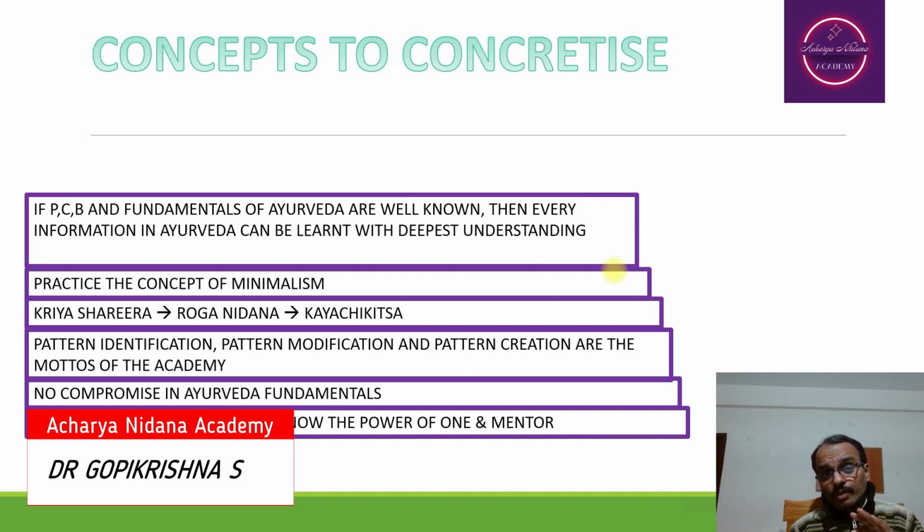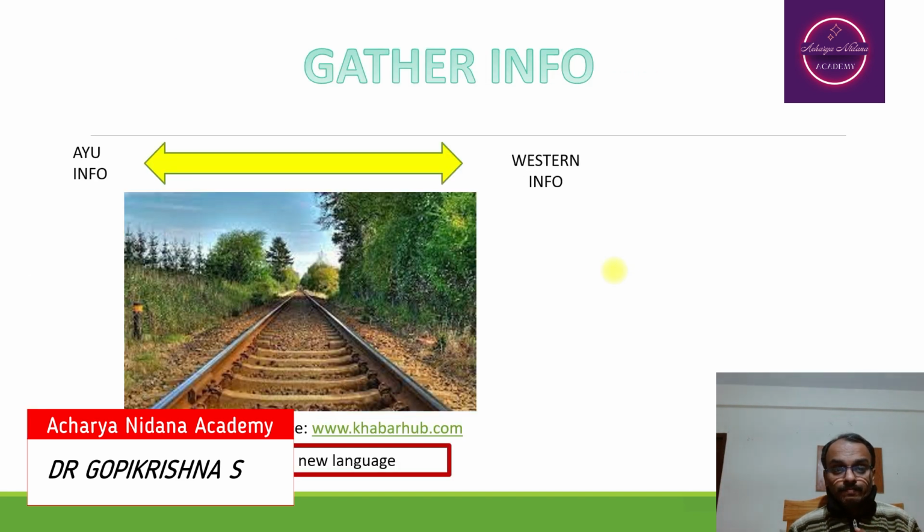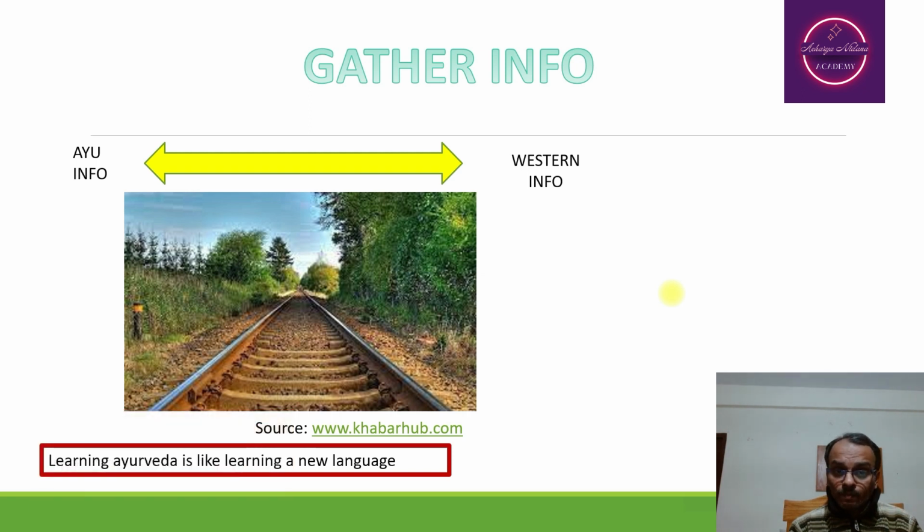If you are following one particular mentor, you can identify the past thought processes, the present thought process, and the future thought process can be predicted. Hence, follow one particular mentor. Then, if you are looking into Ayurveda information, go for Ayurveda information as a whole.